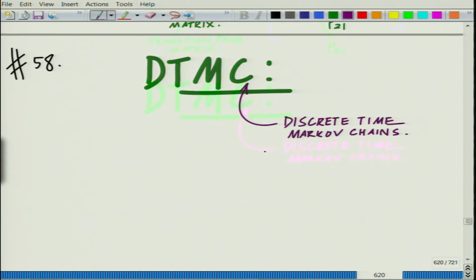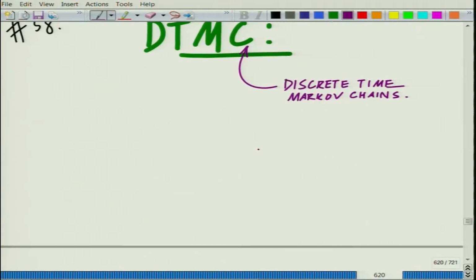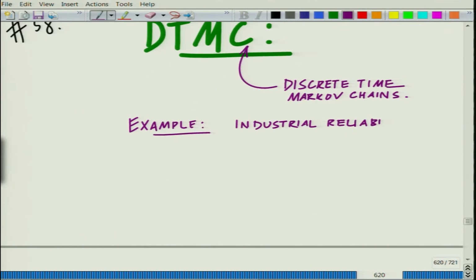And we are looking at the example of industrial reliability, where the machine can be in one of two states, right. So, a particular machine or device can be in one of two states.